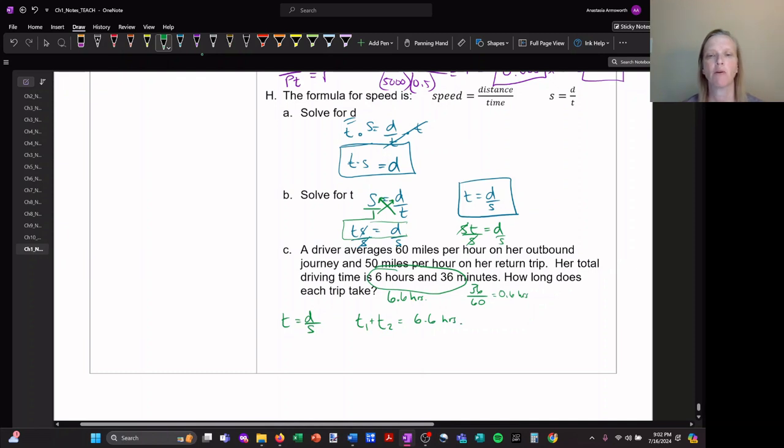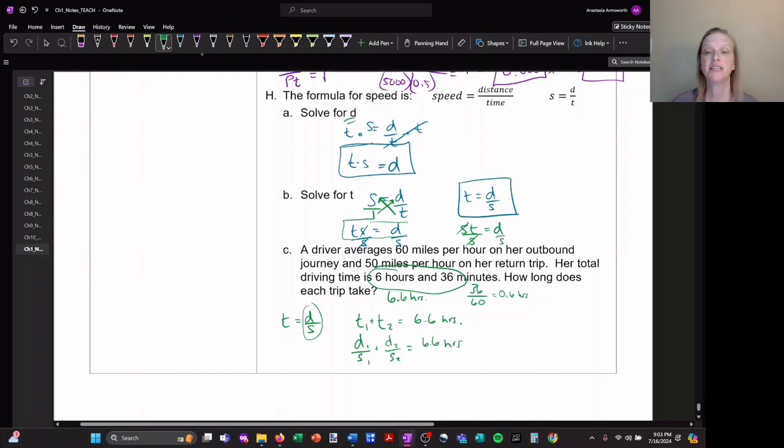And then I can rewrite time 1 as distance divided by speed, and I can rewrite time 2 as distance divided by speed. So we've got distance divided by speed 1, and distance divided by speed 2 equals 6.6 hours.